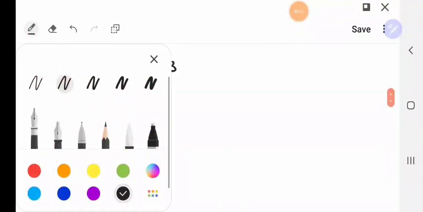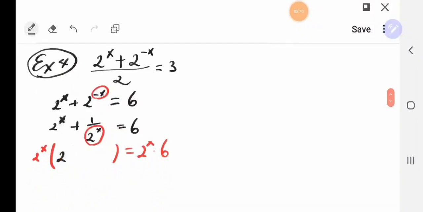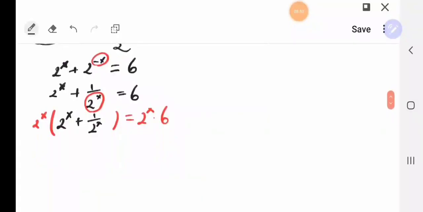Okay, let me rewrite this. Once we multiply the equation by 2 to the x, we can distribute.